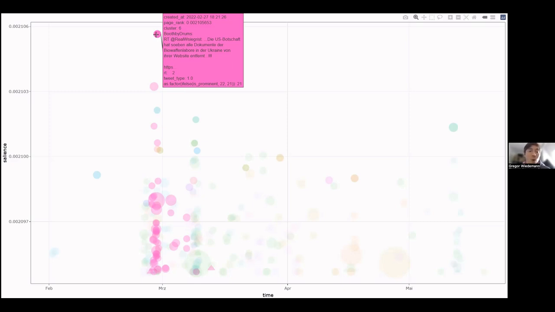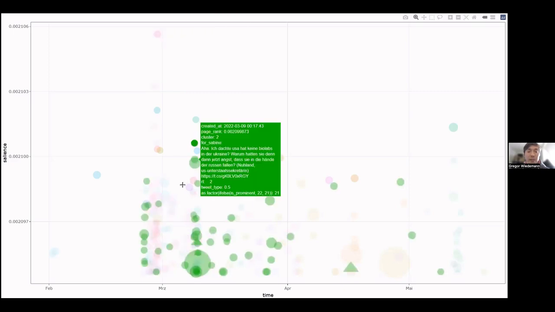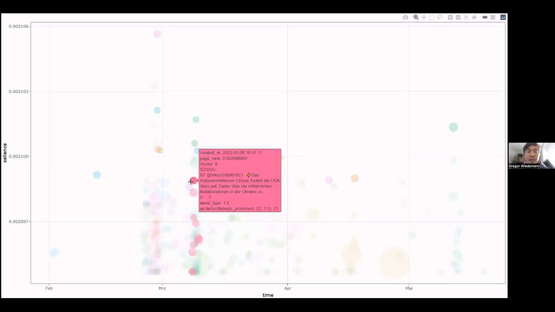So this whole pinkish cluster deals with this specific event of these documents from the US Embassy website, and this only lasts for a week or so in the data. We can also see other single events like this red one here. This is related to the Chinese Ministry of Exterior, which is officially making a response on the biolabs conspiracy and wants the US to release some documents.